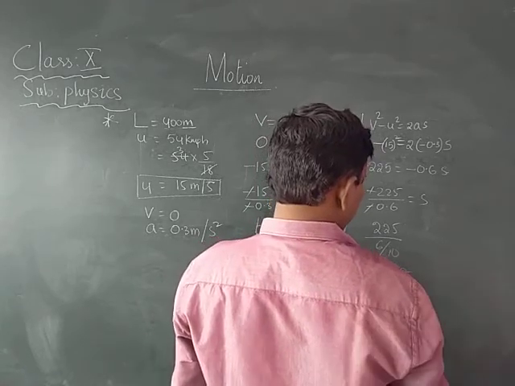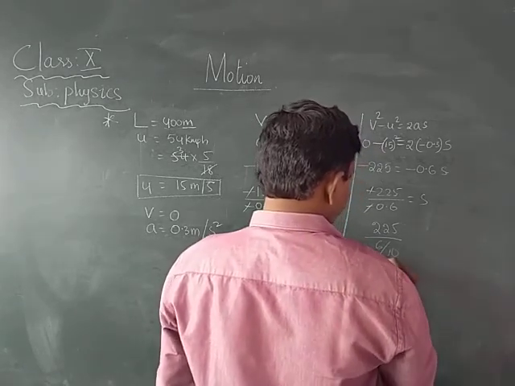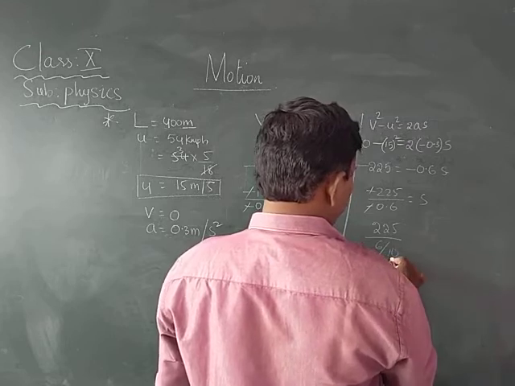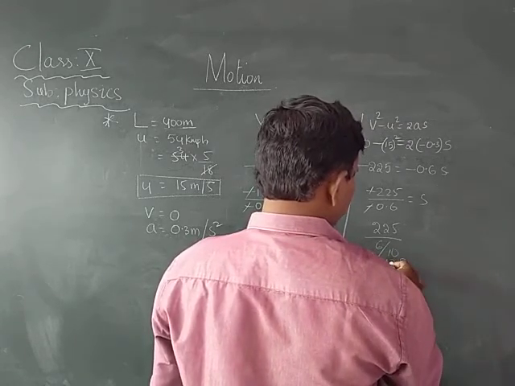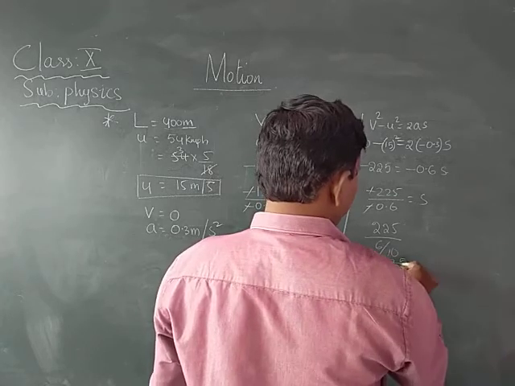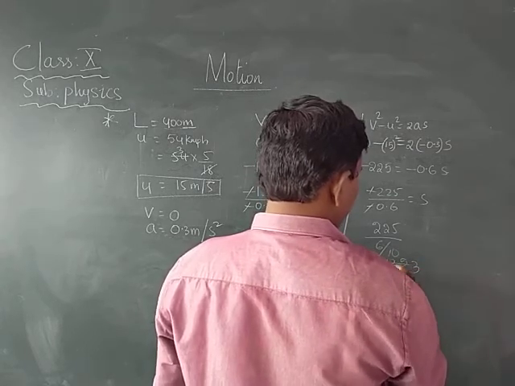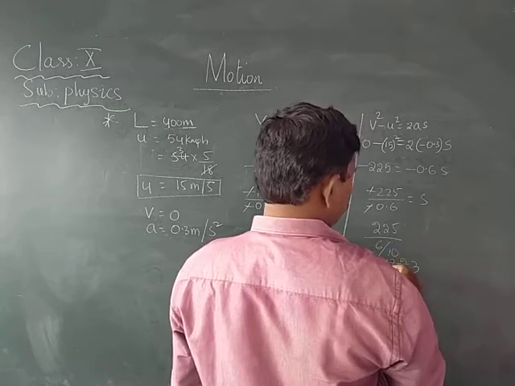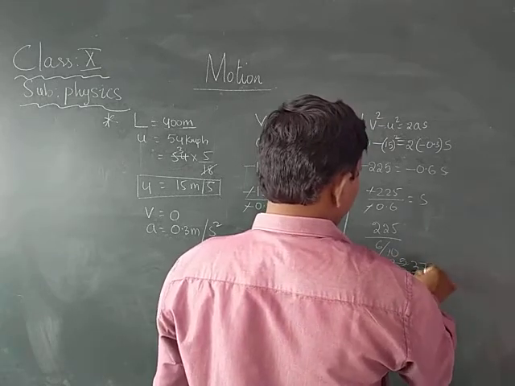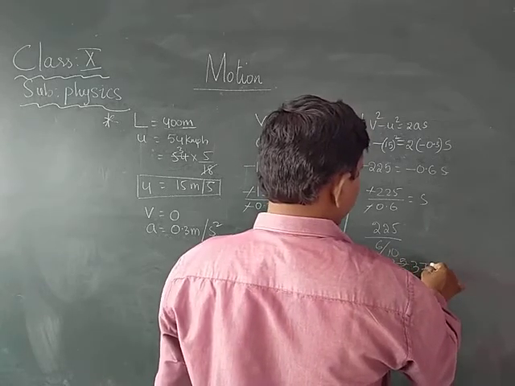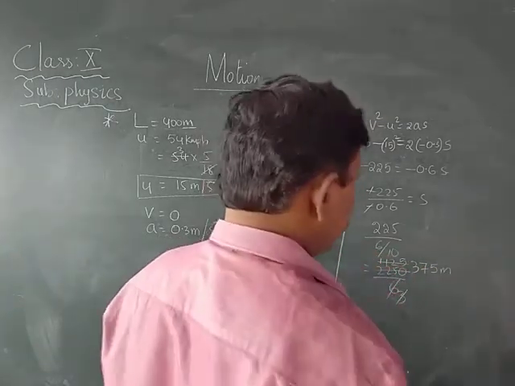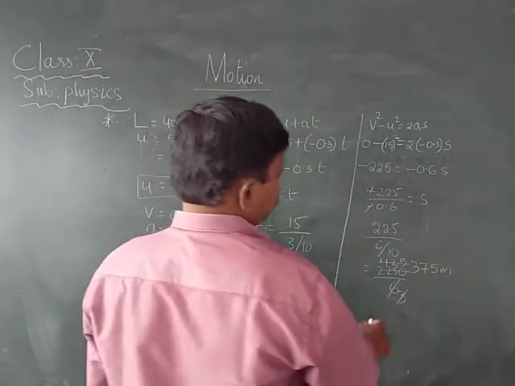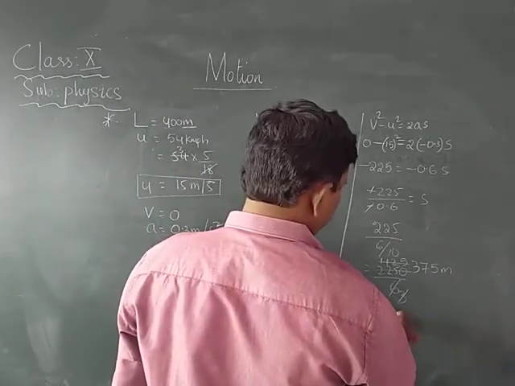Dividing, 3 times 7 is 21, 3 times 5 is 15, so we get 375 meters. How much are we getting? 375 meters. Therefore, the distance covered is equal to 375.